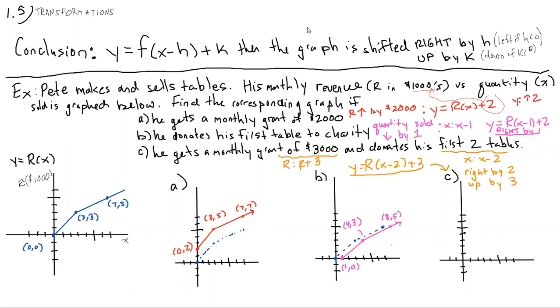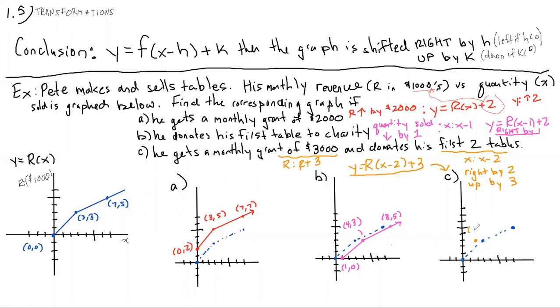I usually just do the shifts all in one go instead of 2 separate actions of right then up. And I think I might need one more tick mark there. And yeah, I'll draw this one in orange. So right by 2, up by 3.